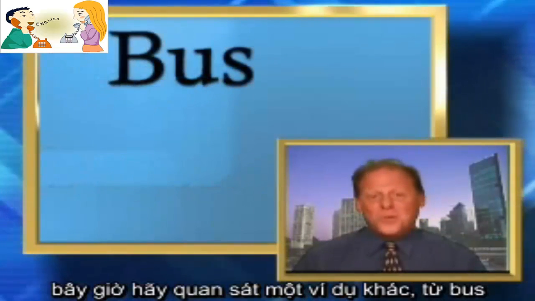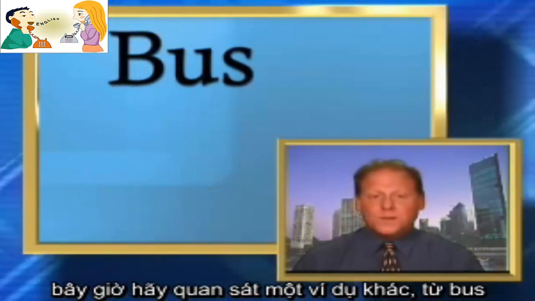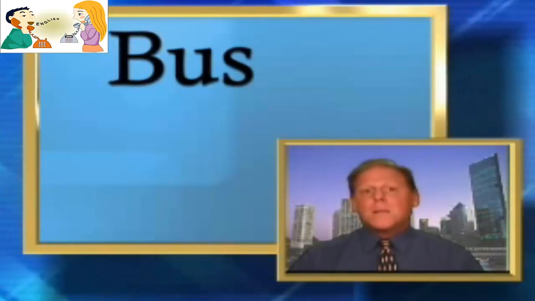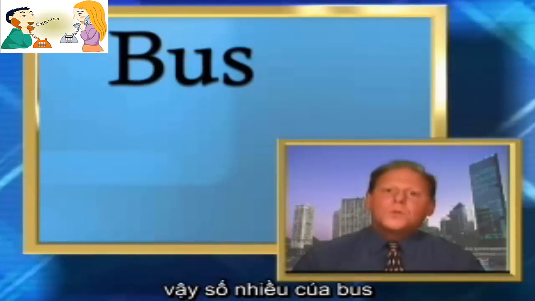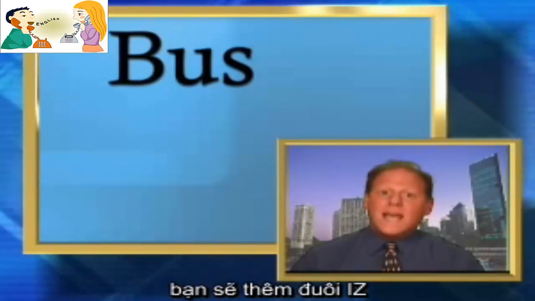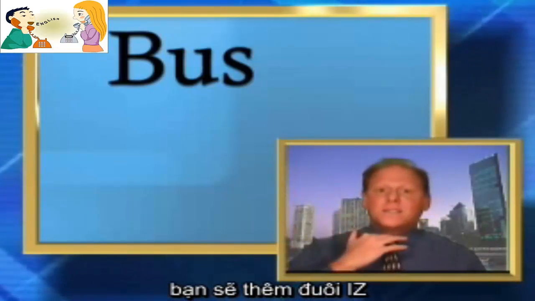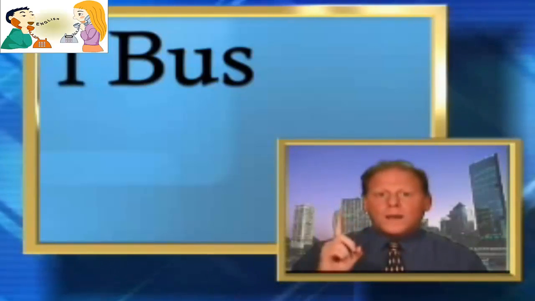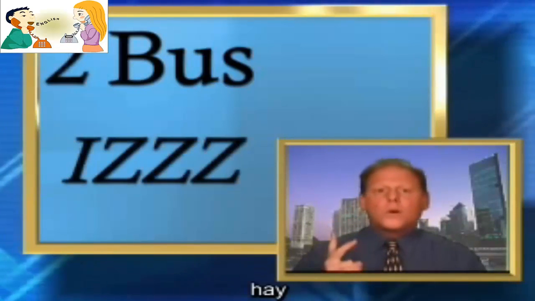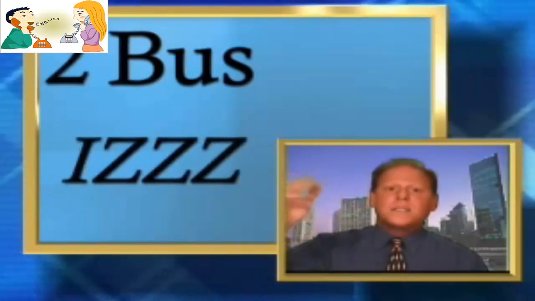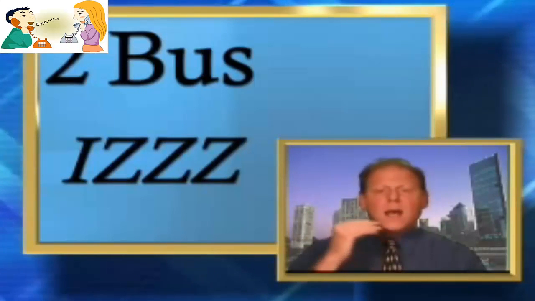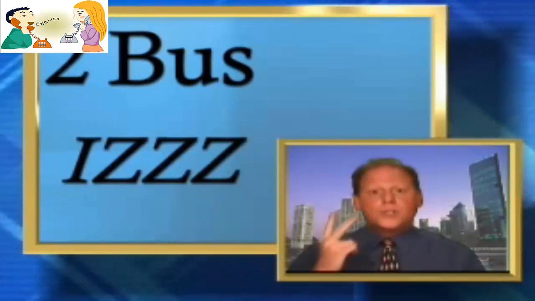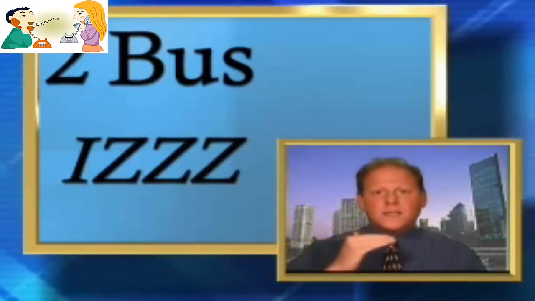Okay, let's look at another word. In the word bus, for example, bus ends with an S sound. S, bus. So if you make it plural, you're going to add the ending is with a voiced Z. So we've got 1 bus or 2 buses. Buses. 2 buses.